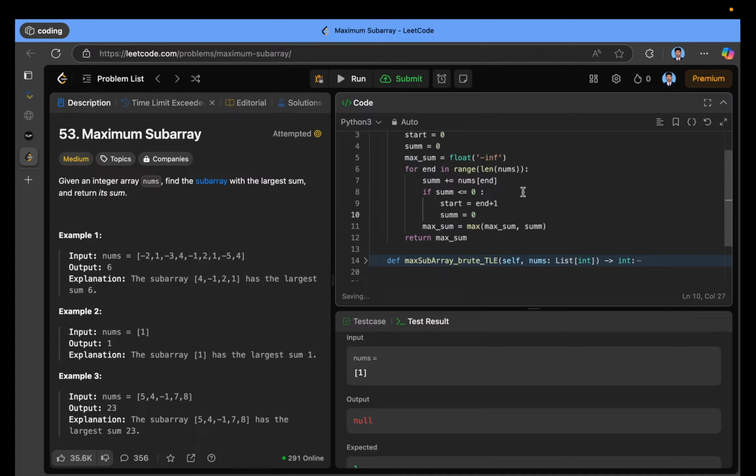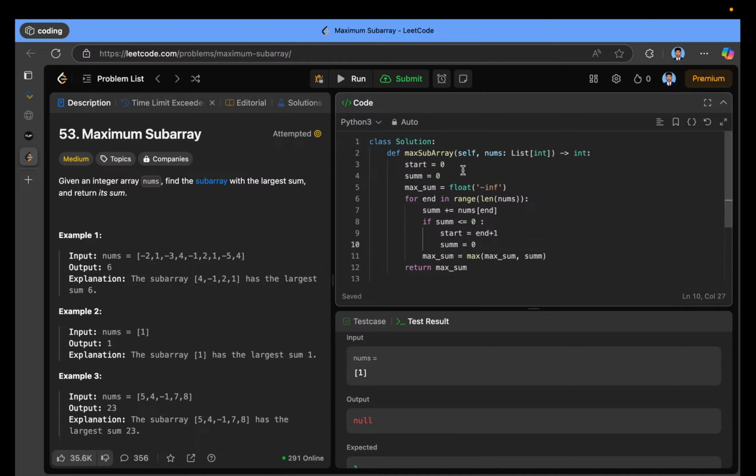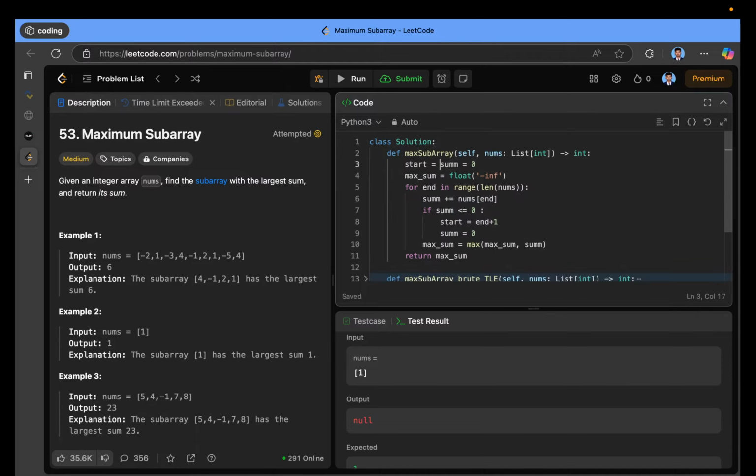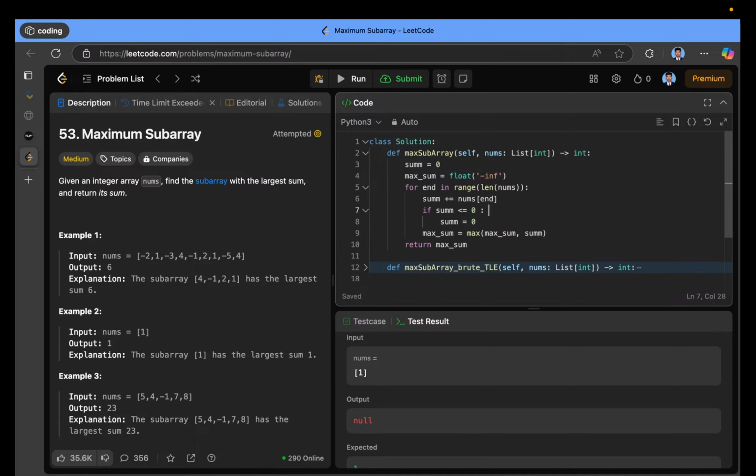Okay. Let's read our solution again. Start and sum equal to 0. And we are not using the start variable, so we will remove this also. Okay, the sum is 0. Max sum is float minus infinity. Okay, let's put 0 in this. No, there are also negative numbers available, so maybe the answer is negative.